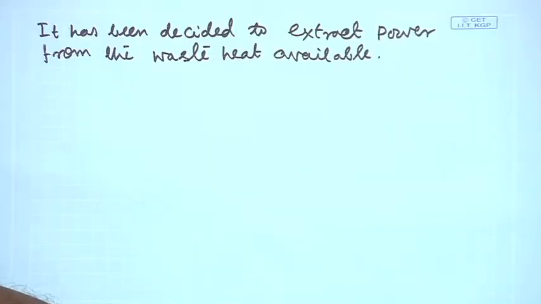First, let us see that if some ideal engine runs utilizing this waste heat, how much power we can get. In actual cases, we can get less, but ideally how much we can get, that we can determine. Now we know the second law of thermodynamics, we know the Carnot principle, we know the ideal heat engine.